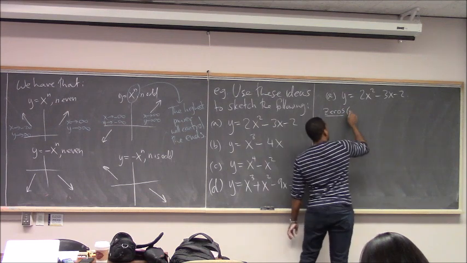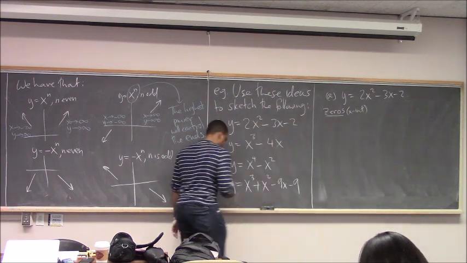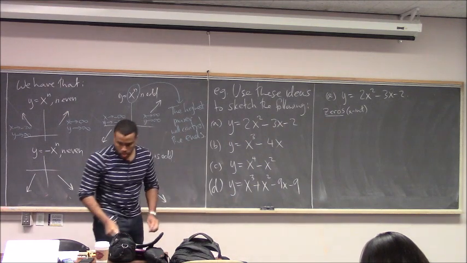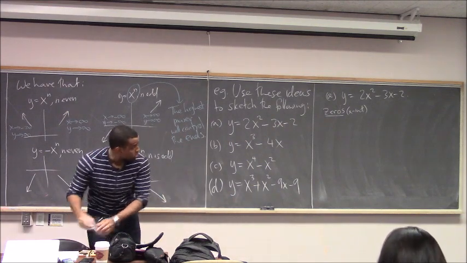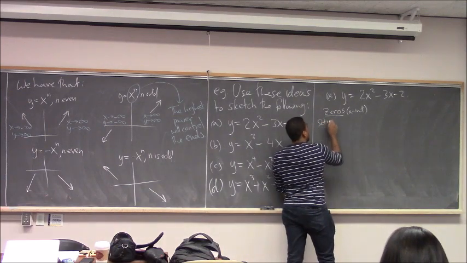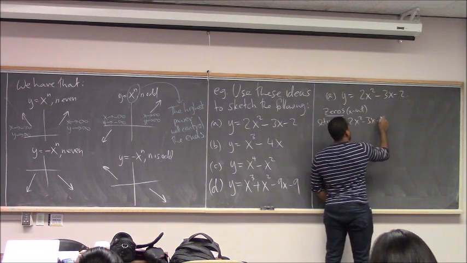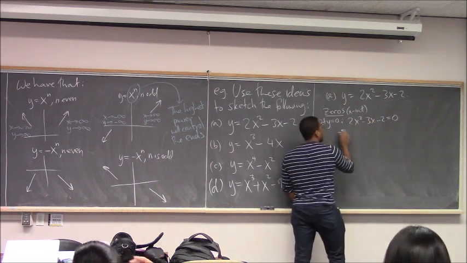That's just another way of saying find the x-intercepts. How do you find the x-intercepts? So set y equals 0 and solve for x. So this means set y equals 0. This means you have 2x squared minus 3x minus 2 equals 0. How do I solve that for x?